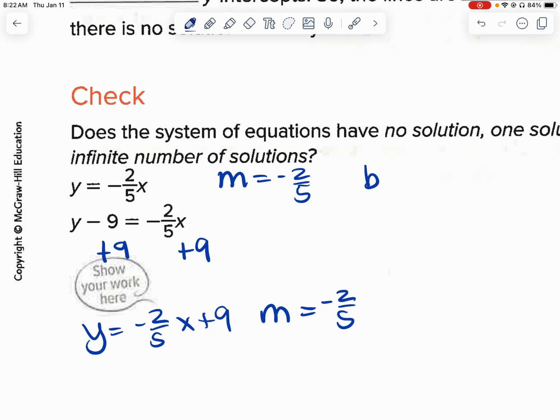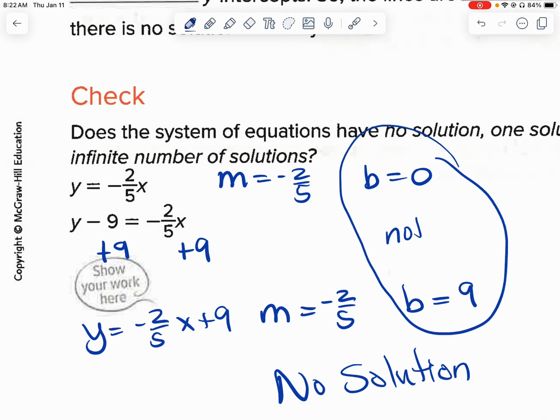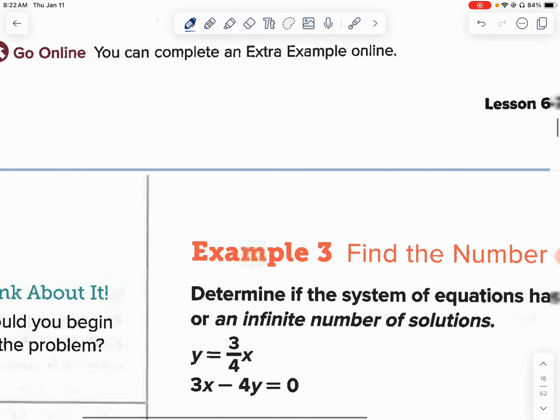The b value up top is 0. The b value down here is 9. So that means that it's no solution because these two right here are not the same.